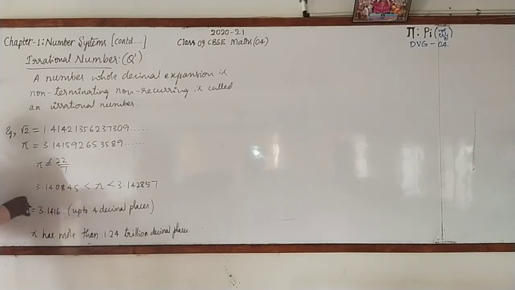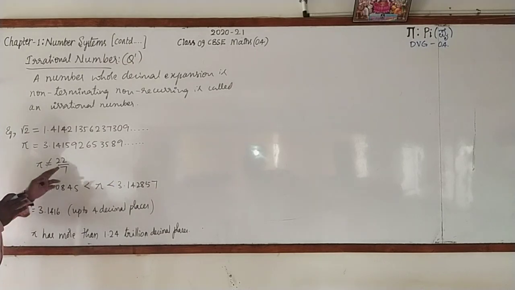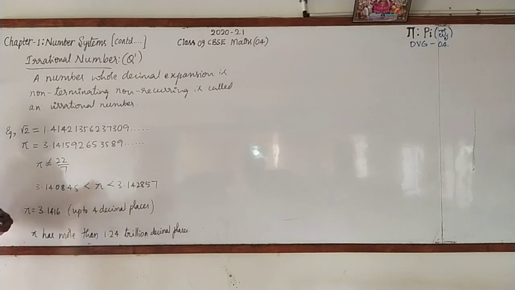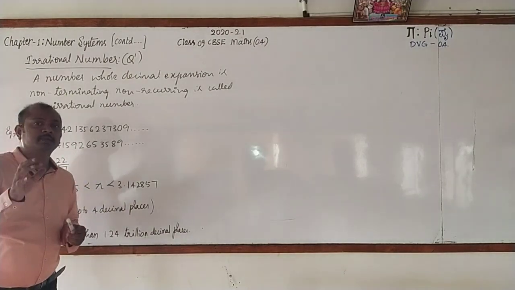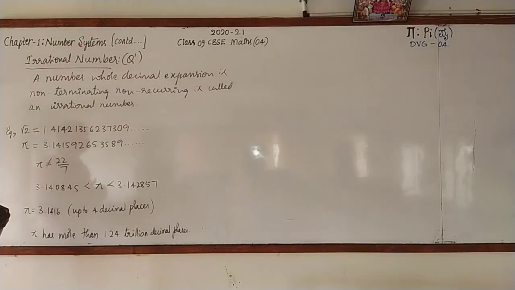No, it is not equal to 22/7. For the sake of calculation only we take pi as 22/7. But the actual value is calculated. Do you know the first mathematician who thought of giving the value of pi?